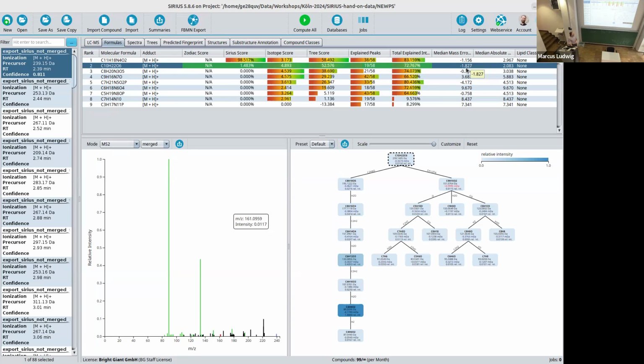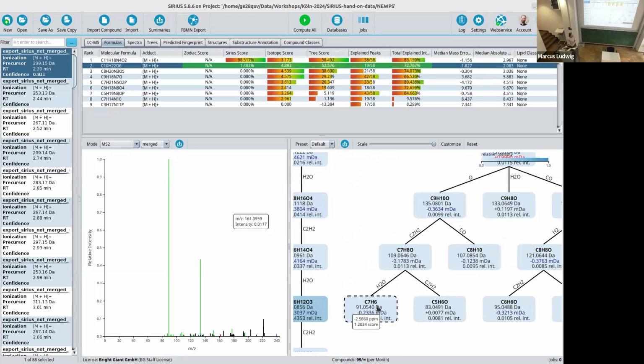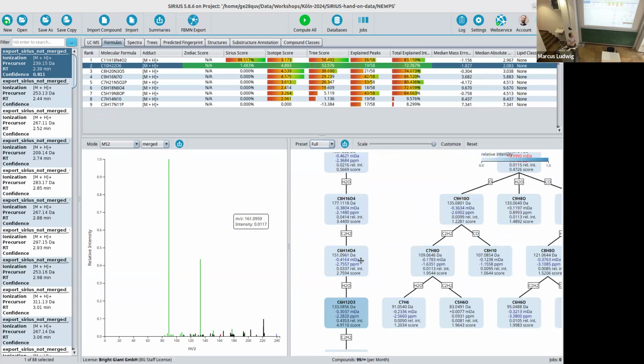With this one, you see basically if there is a systematic shift in your annotations, if this is very high or very low, and if you look at the absolute values, you see if it is a broad range of mass errors. You can also see this in detail in the fragmentation tree. If you look at the different fragments here, you can see relative intensity, the score, and also some deviation of each of the peaks.